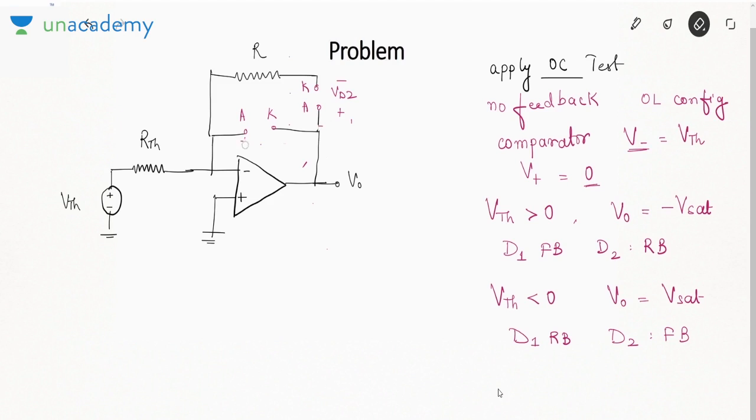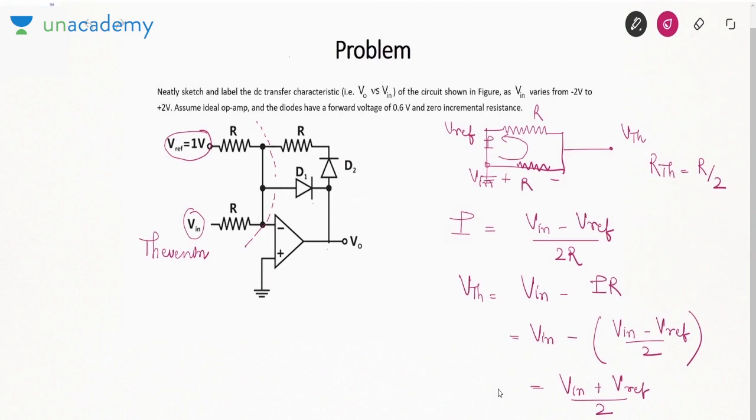If D1 is forward bias, you will replace it by a battery of 0.6 volt. By virtual ground the voltage here is 0 volt. So what is V0? Minus 0.6 volt. So when VTH is positive, V0 is minus 0.6 volt. Okay. That was the given forward voltage 0.6.